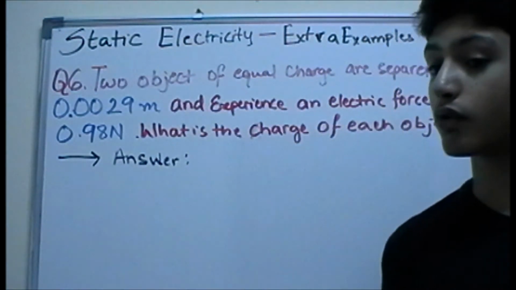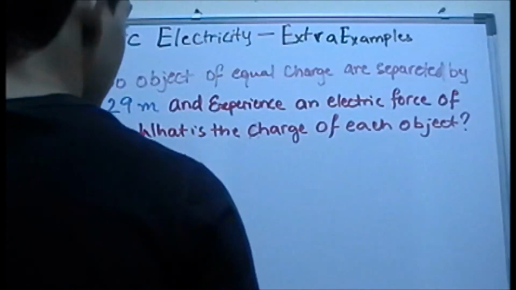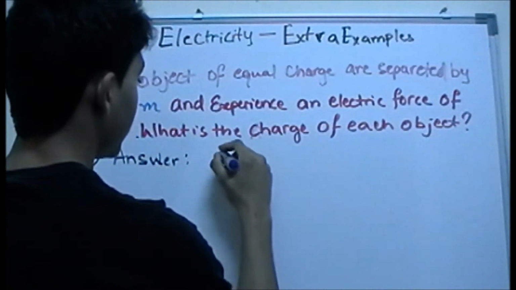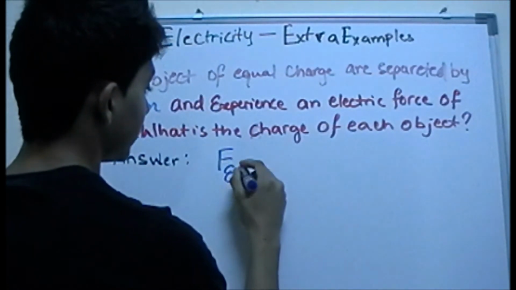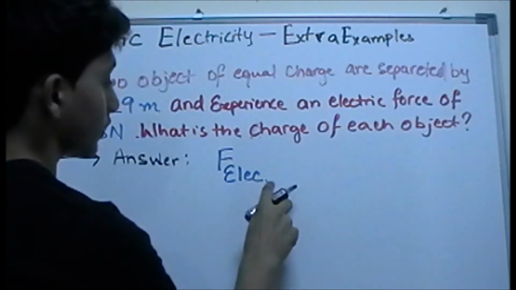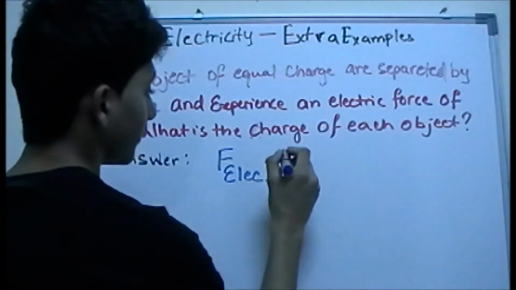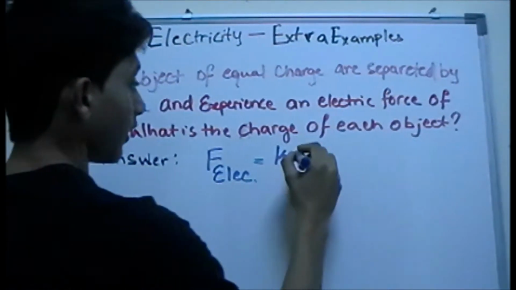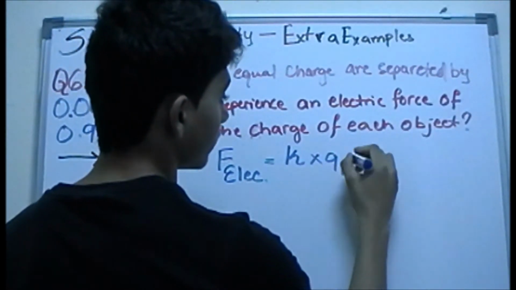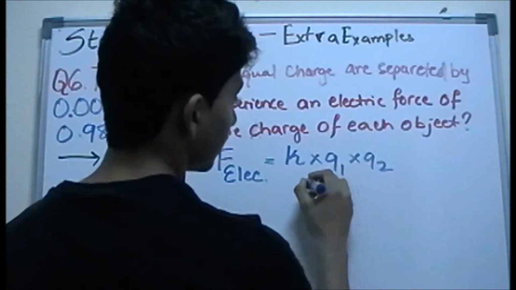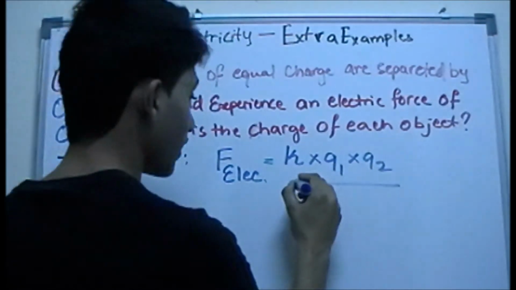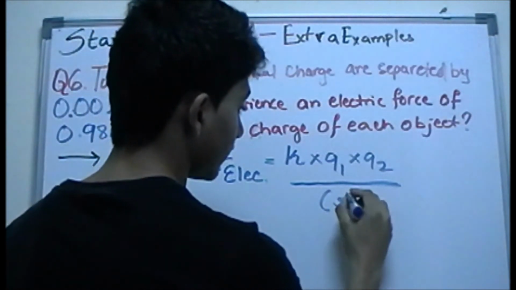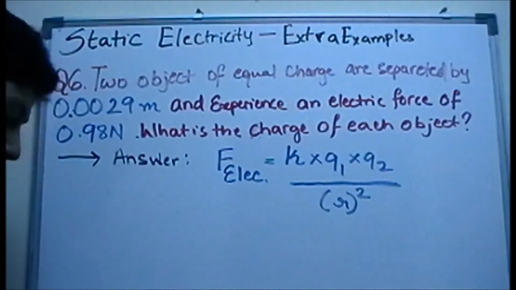When we think of the equation, recall that the equation we use is the electric force, which we write as F electric, equal to K, the constant, times the charge 1 times the charge 2, where Q represents the charge, divided by the distance squared.